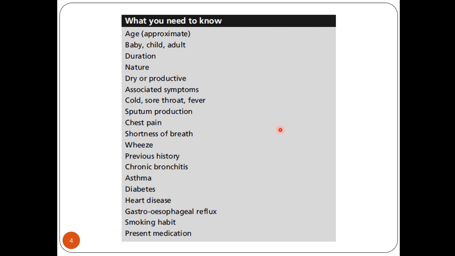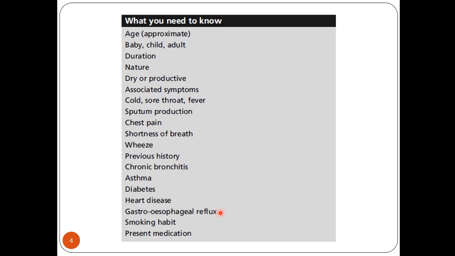Is there any chest pain? Is there any shortness of breath, wheezing? Because wheezing directly indicates asthma, as wheezing is a characteristic clinical feature of asthma. You should also know the previous history of the patient. Is there any chronic bronchitis, asthma, diabetes, heart disease, gastroesophageal reflux?